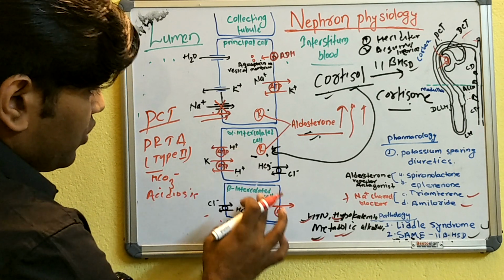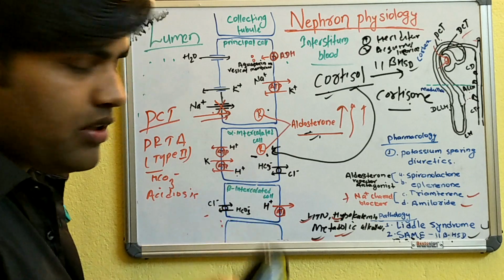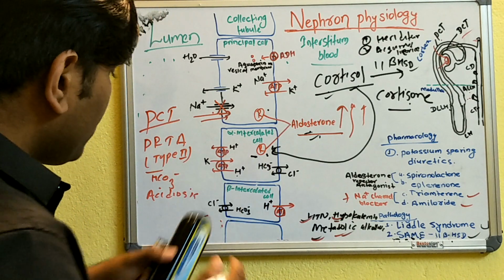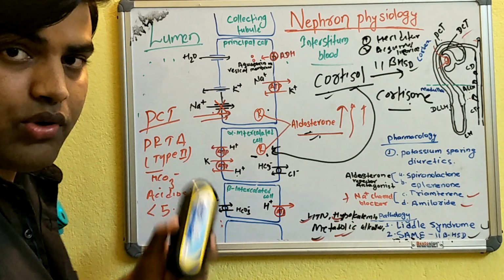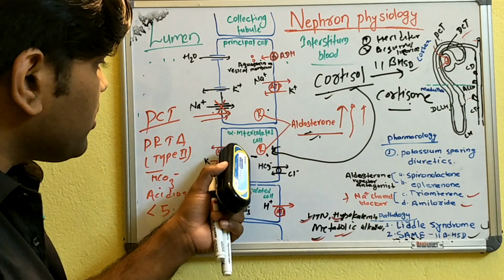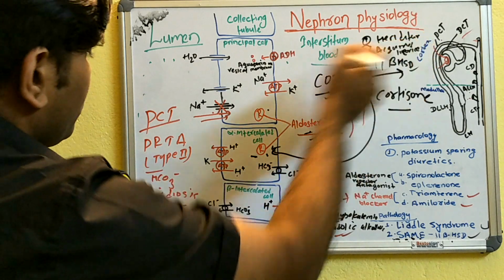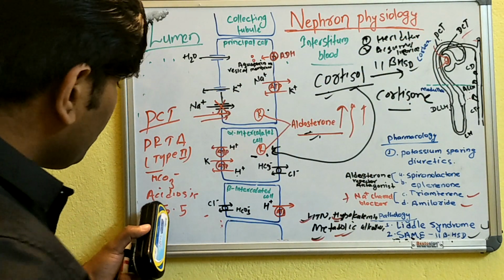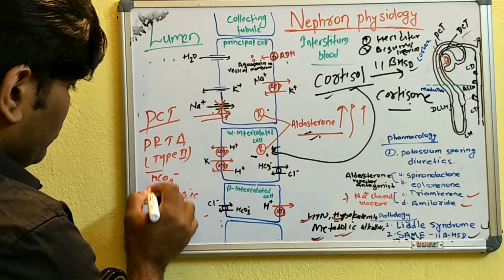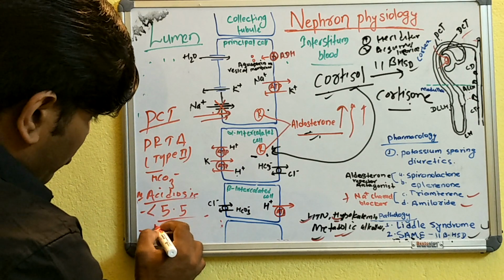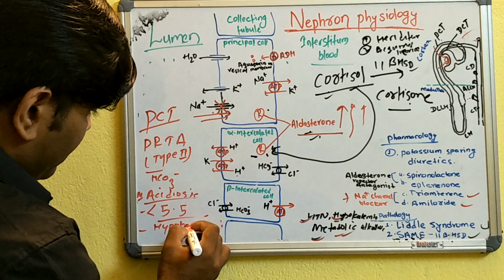But in the distal tubule, hydrogen ion secretion is not impaired. Since it is not impaired, urine pH will be less than 5.5. That we have understood. Here there is no damage in the distal part, because the problem is reabsorption of bicarbonate in the proximal convoluted tubule. So urine pH will be less than 5.5. Metabolic acidosis will be there, and hypokalemia will be there.